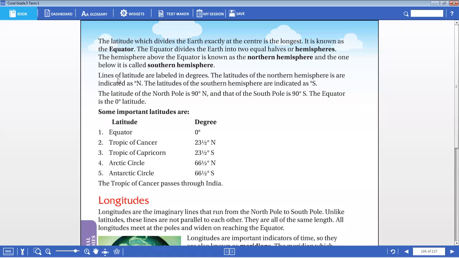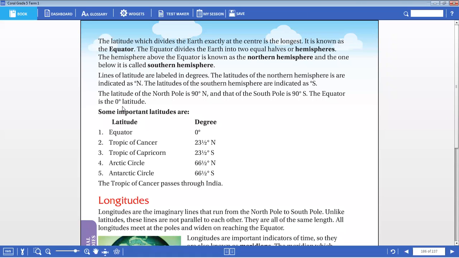The equator is denoted as 0 degree latitude. Children, the equator is denoted as 0 degree latitude. It doesn't belong to either north or south. It is neutral. So we don't write any N or S here.